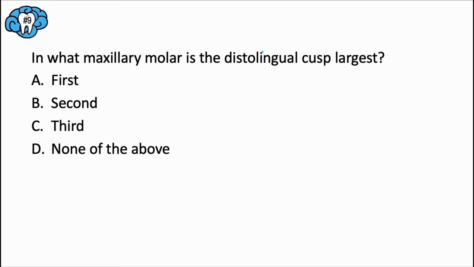But there is an important trend concerning the distolingual cusp, and that is, as we go distally or posteriorly from first molar to second molar to third molar, that distolingual cusp shrinks. And sometimes we can get that heart-shaped molar or three-cusp molar where the distolingual cusp isn't even there. So the distolingual cusp is largest in the maxillary first molar and smallest in the third molar. So the answer to this question is A.